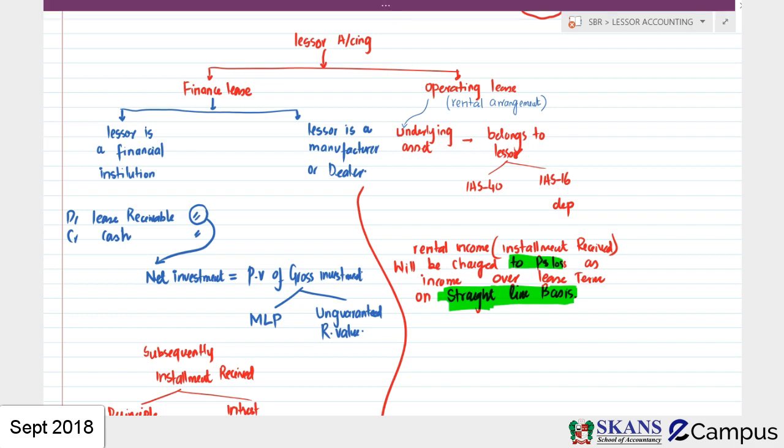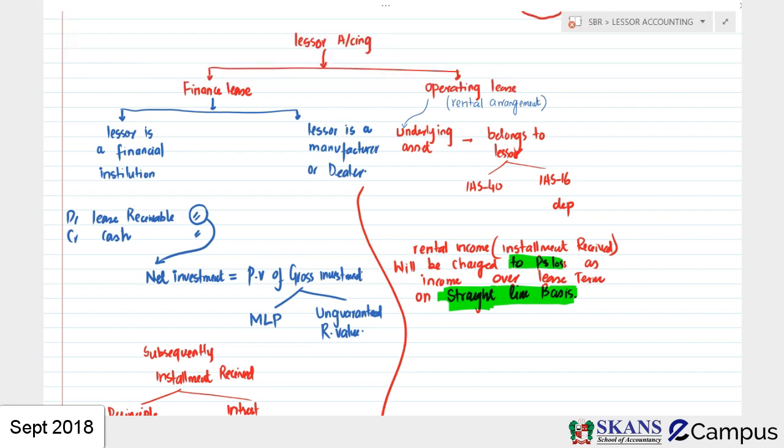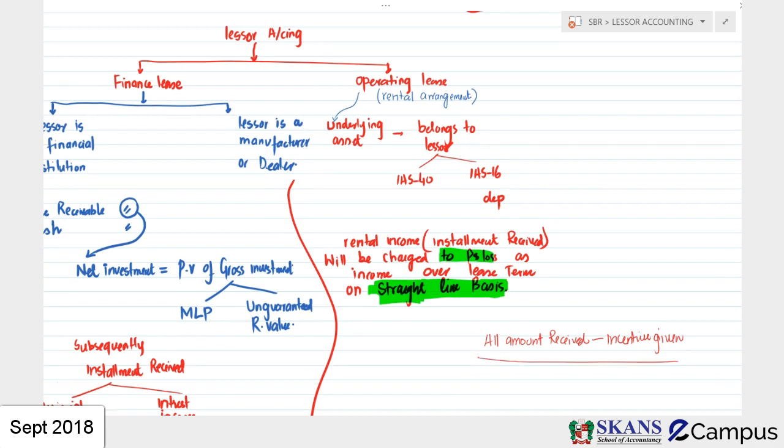Now you can apply the formula. The formula is: all amount received from the lessee, net of allowances or net of incentives given. It means you are going to deduct any incentive given and divide it by the lease term.